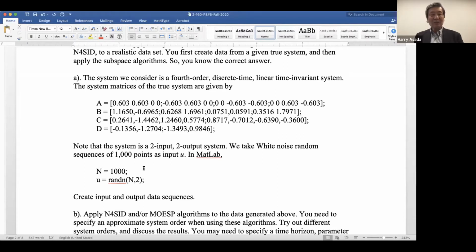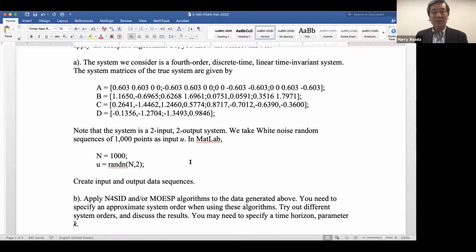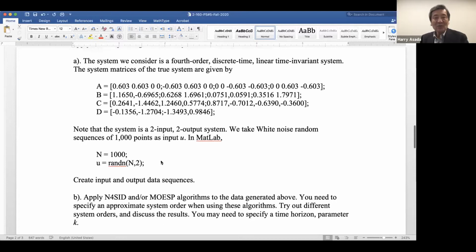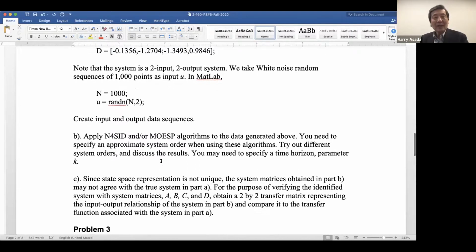So in MATLAB, you can create the two-dimensional random sequence data with randn, where you give the number of data points and the dimensions. You can create the N by 2 data points, right? Use these as inputs, fit them into this system, and then create the output y. That's the way to create the data.